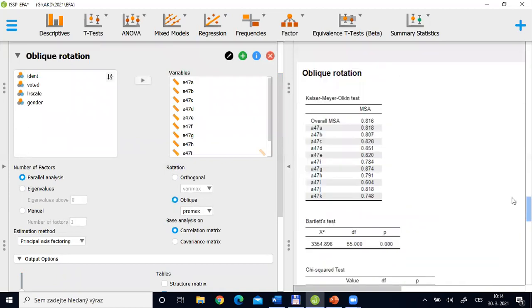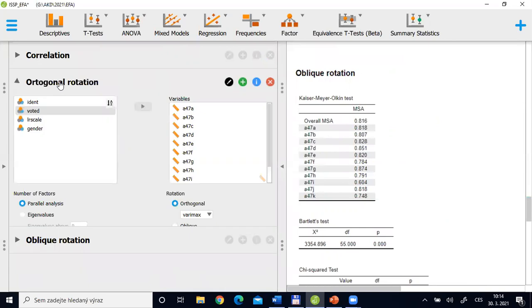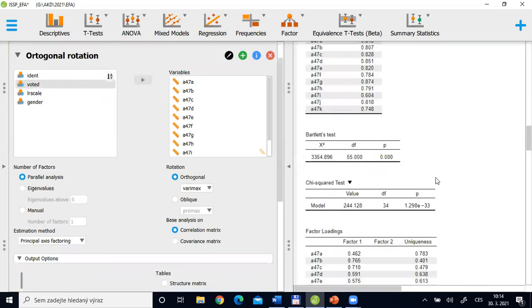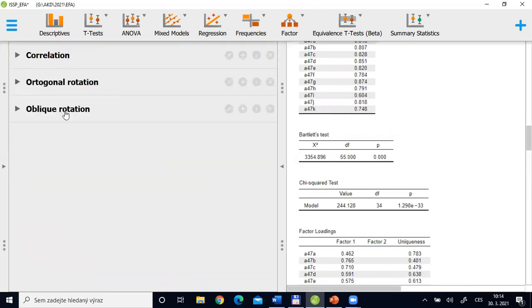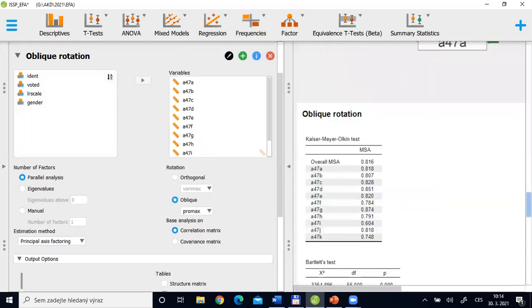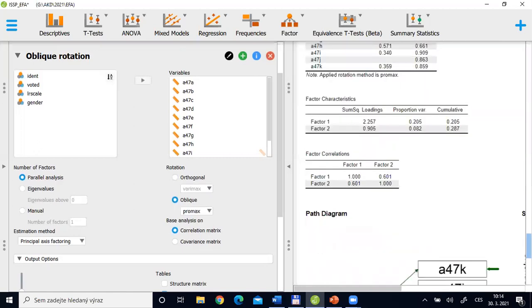If I went back to orthogonal rotation, these results were quite imprecise only because I forced the solution for factors to be unrelated, and it was a big mistake. So my general recommendation for factor analysis is to always try oblique rotation first and check the correlation coefficient for dimensions.